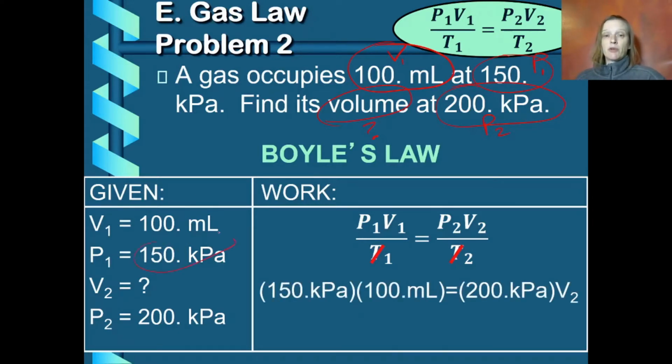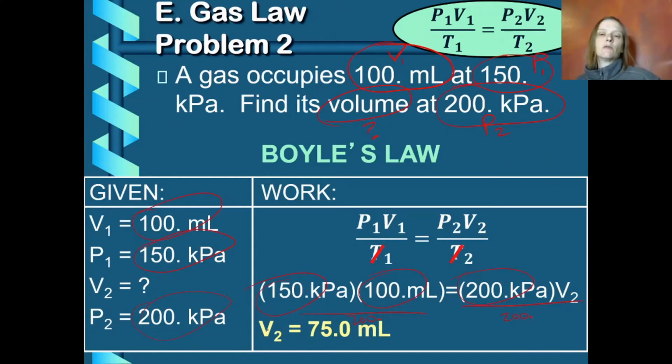So I plug in pressure 1 and volume 1, and I plug in pressure 2, but I have to solve for volume 2. This is a question of algebra now. Multiply together and divide away the 200 so that I get volume all by itself.